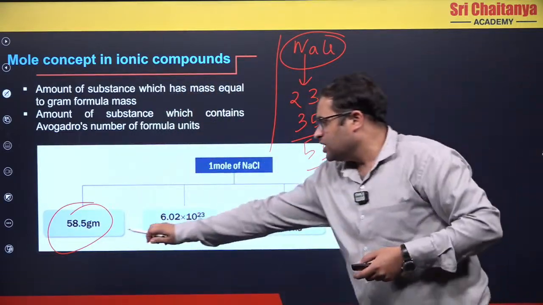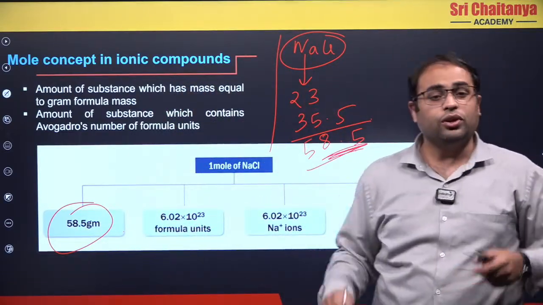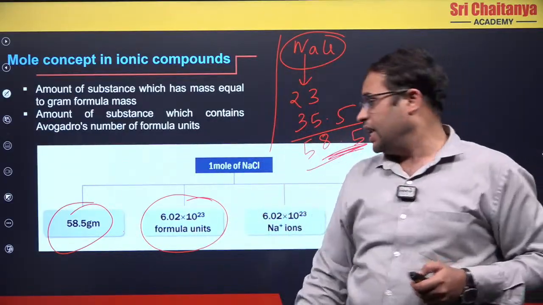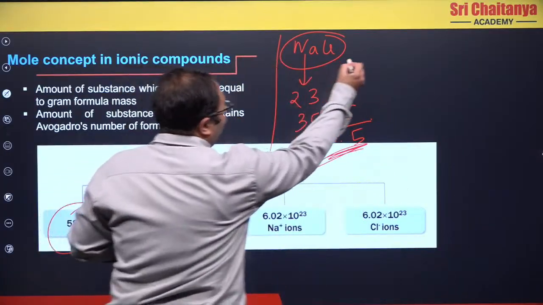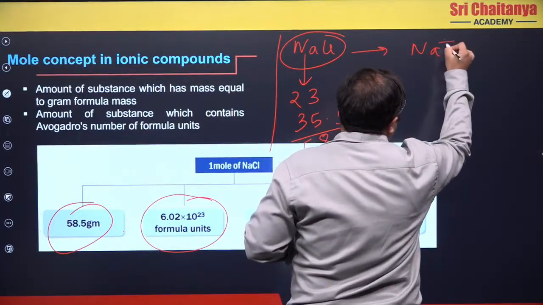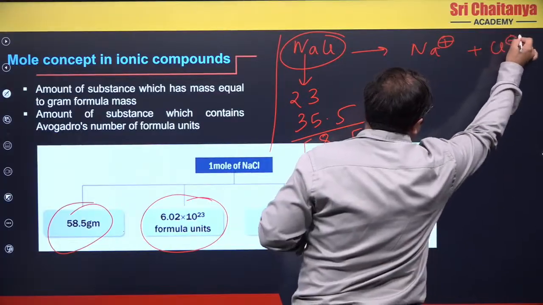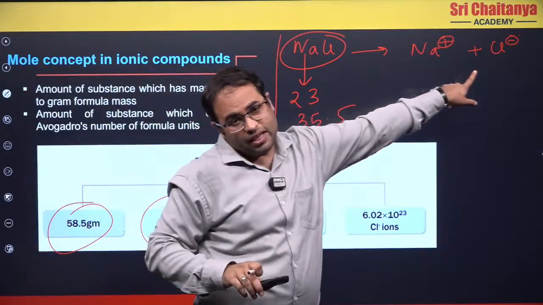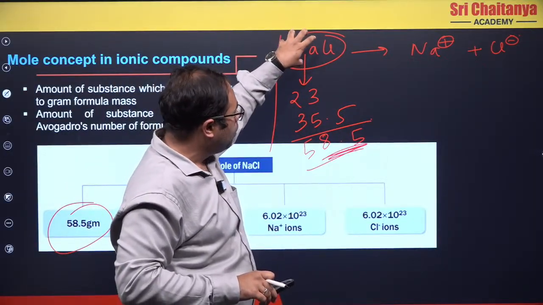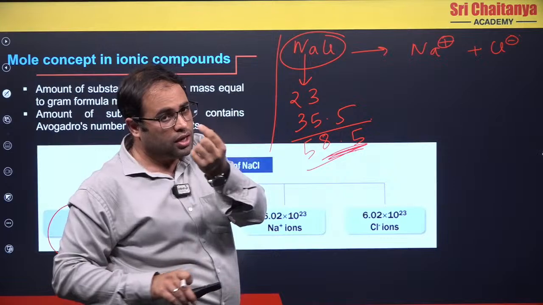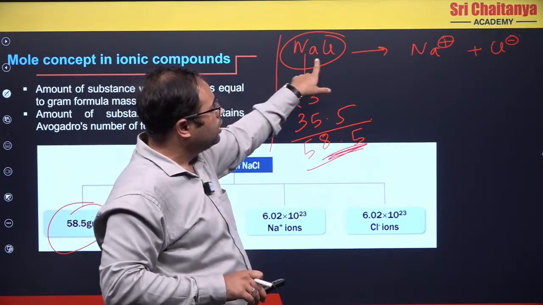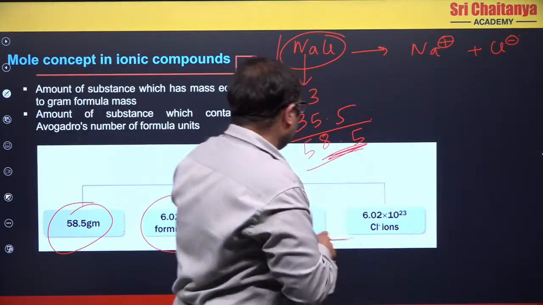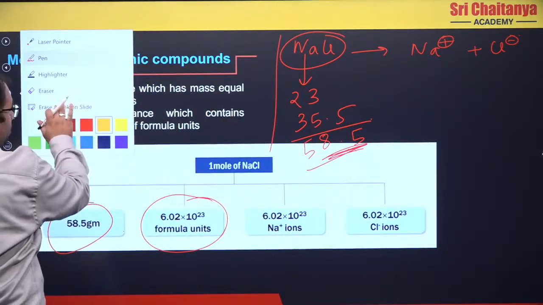This means you have 6.023 × 10^23 formula units of NaCl. And it also means, see, each formula unit has 1 Na+ and 1 Cl-, correct? If there is one NaCl formula unit here, it will give you 1 Na+ ion and 1 Cl- ion. This is a little tricky concept, let me explain it properly.